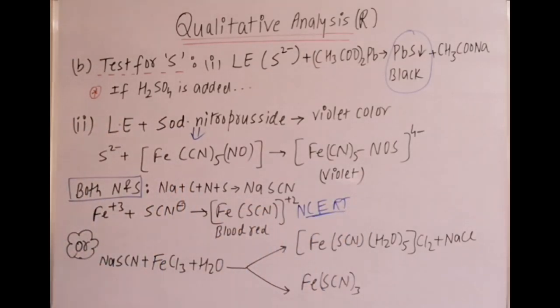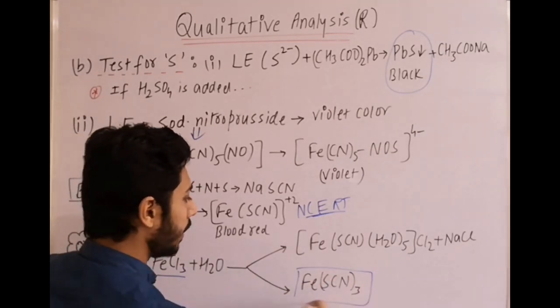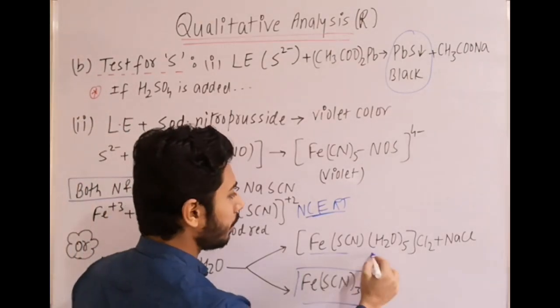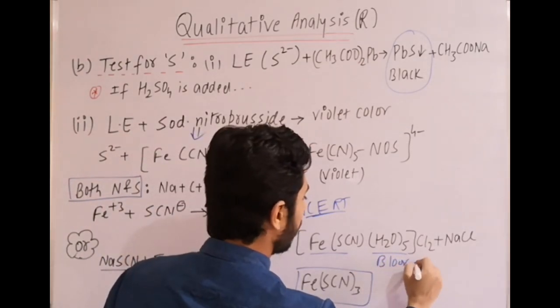Now another point, which is a little bit extra: another way is that once sodium thiocyanate is formed, we add a little bit of dilute HCl, and then we add FeCl3, ferric chloride. Two reactions are given. One is Fe(SCN)3. The other compound is Fe(SCN) with 5H2O. They both are mentioned as blood red color.